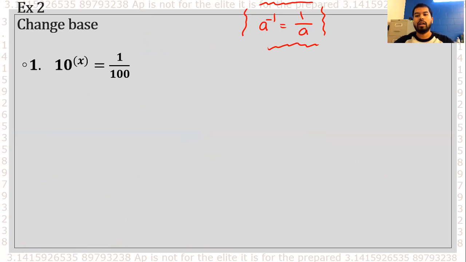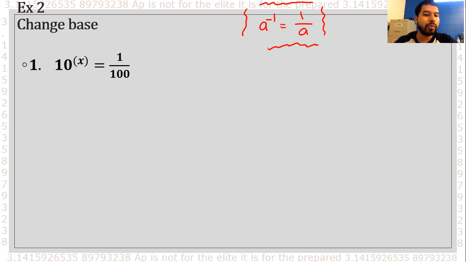So it's pretty much the reciprocal of it. So if it's a negative 1, it'll drop that base to the denominator. If it's a negative 2, it's going to drop the base to the denominator and square it. If it's negative 1,000 on the exponent, it's going to drop down the base to the denominator and then have it raised to the power of 1,000.